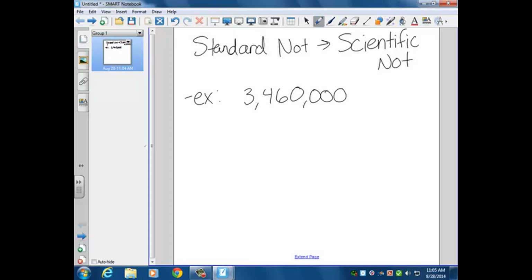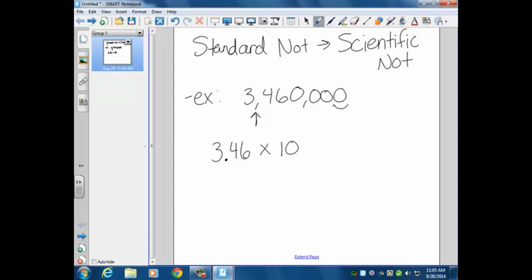Okay, so I have to figure out first, well, where does my decimal point go? Remember, we want just a number in the ones place between 1 and 9. So that means I'm going to want the decimal to be right after that 3, so that I end up with 3.46, and then I don't really need all those zeros. So that's going to be times 10 to some power. Remember we said moving the decimal to the left makes k go up.